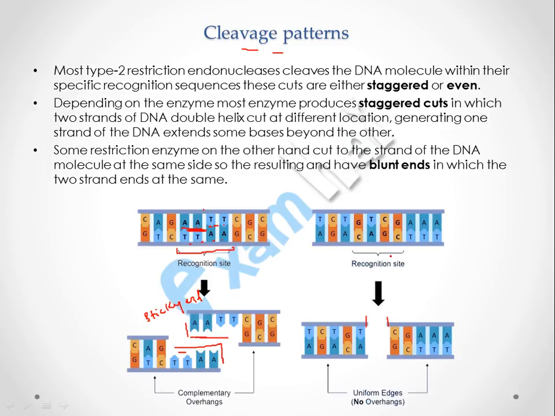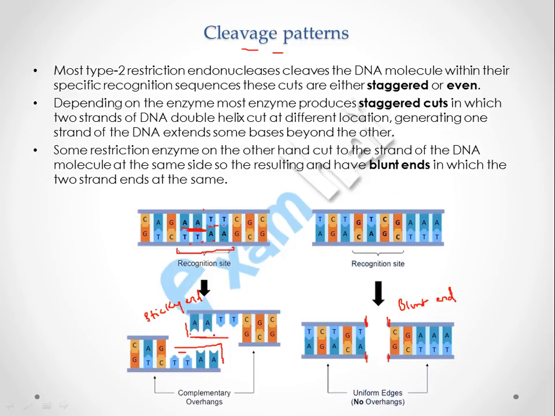The other pattern of this restriction enzyme is to recognize this sequence. As you can see, it makes a cut on this side, and it generates a blunt end. In the staggered or uneven cut, the two strands of the DNA double helix are cut at different locations, generating one strand of DNA that extends some bases beyond the other.